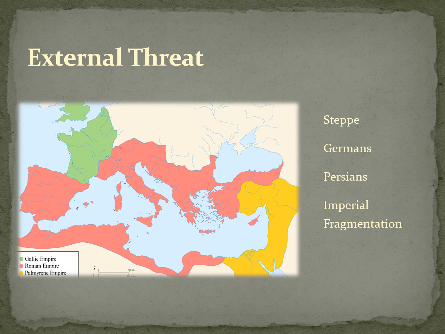So clearly, as the 260s and 270s came to an end, things were really, really bad for Rome. And the question was, would the empire be able to survive this?